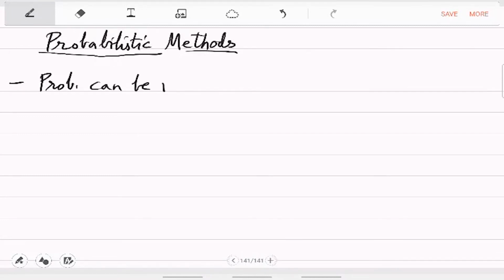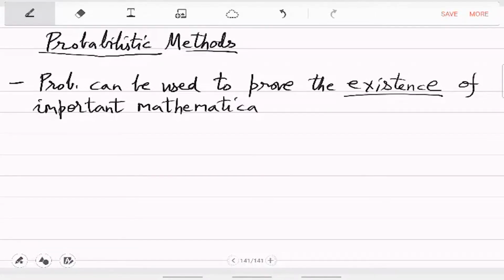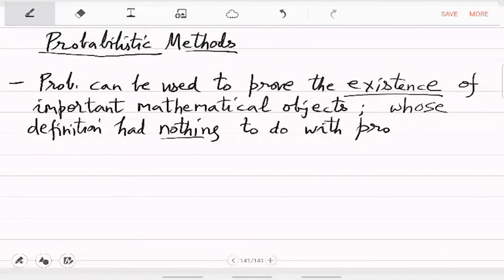Probability can be used to prove the existence of important mathematical objects whose definition has nothing to do with probability.